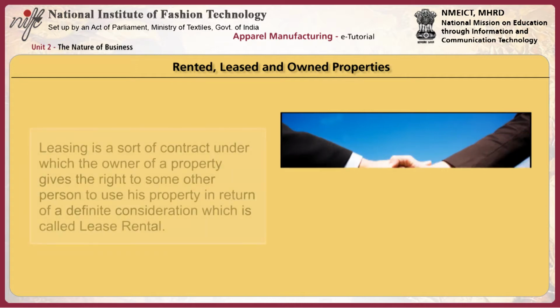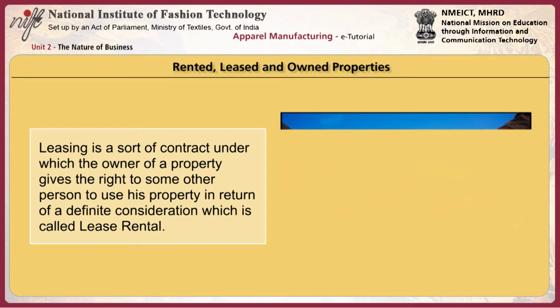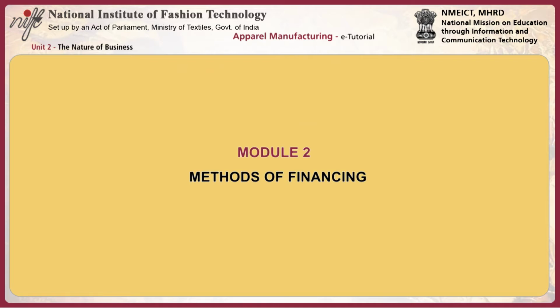Leasing is a sort of contract under which the owner of a property gives the right to someone to use his property in return for a definite consideration which is called lease rental. On the expiry of the period of lease, the property is returned to the owner. Sometimes when the lease ends, the lessor gives the lessee the option to buy the property or get it on lease again.